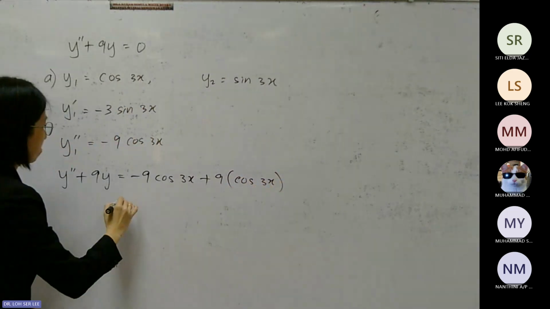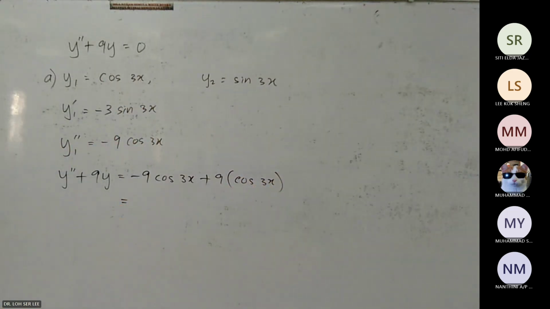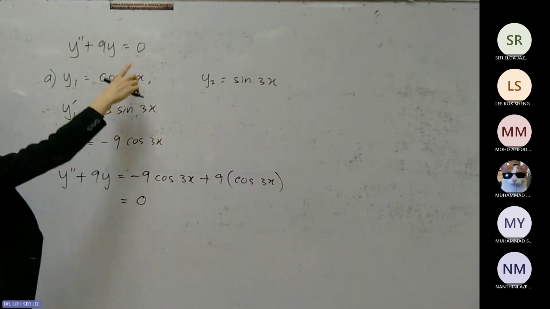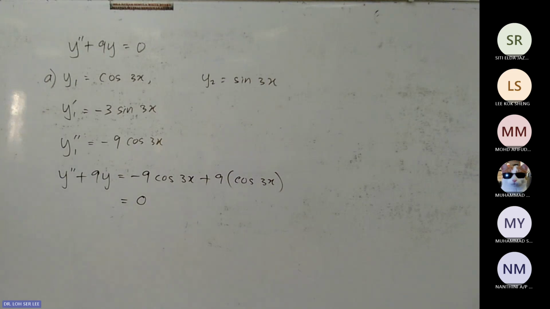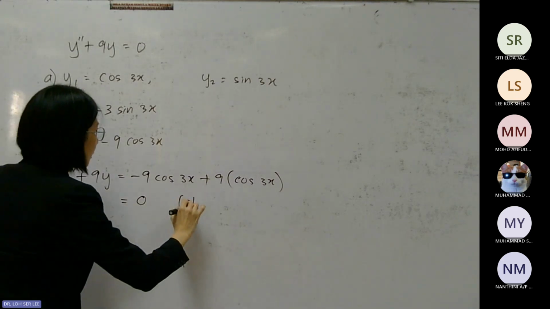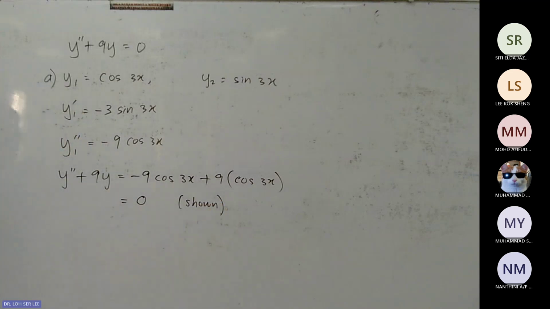So what do I get? 0, right? You get 0, which is the same as the right-hand side. So we have shown that this is a solution of this differential equation. Now do the same to y2, because we want to show both of them are solutions of the differential equation.